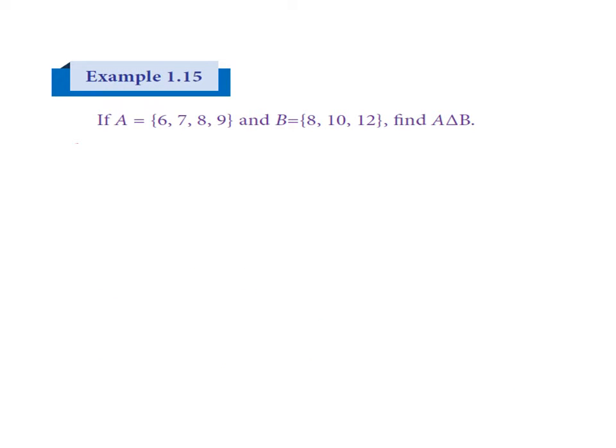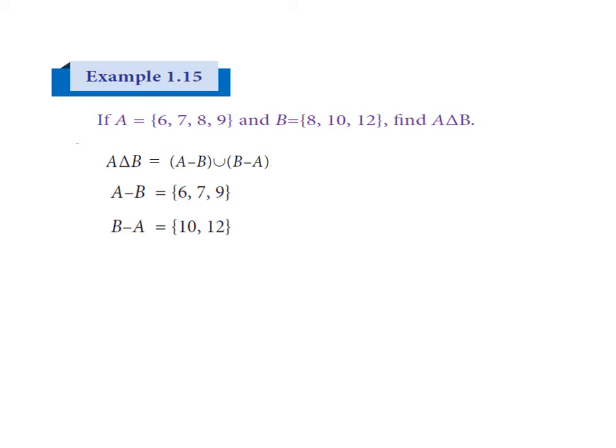So find A delta B. You should know the formula: A minus B union B minus A. For that, first you have to calculate A minus B. First write the formula. So A minus B is equal to 6, 7, 9. 8 will not come because 8 is also there in B. So leave that 8.